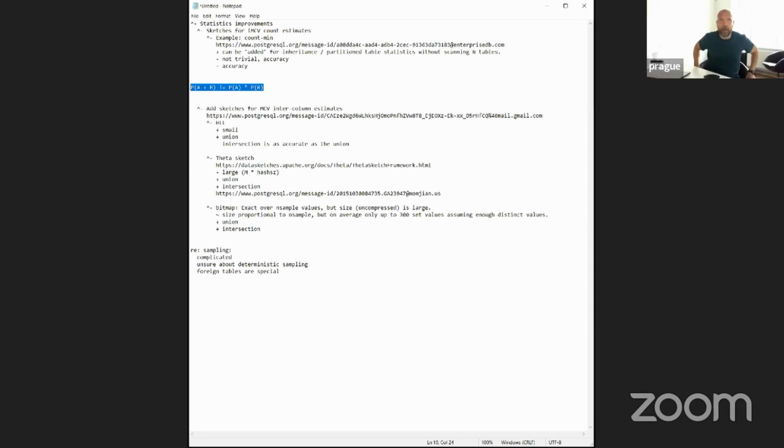Well, I'm not actually sure about this, because the hyperlog is accurate for the count distinct, right? But once you need to do intersection, that's actually a problem, because then it's not really as accurate.